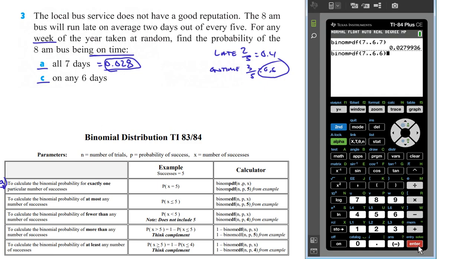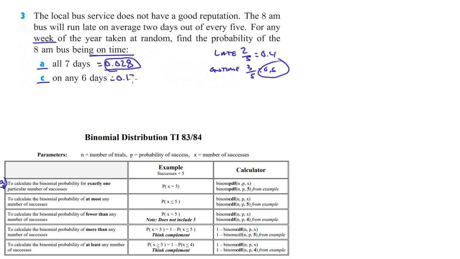Push paste, and we get 13.1% of the time, equals 0.131, and that is what the book intended. So 13% of the time it'll be on time on 6 of those 7 days.